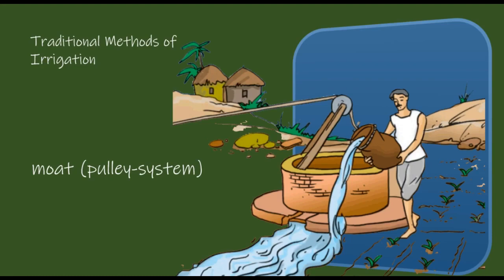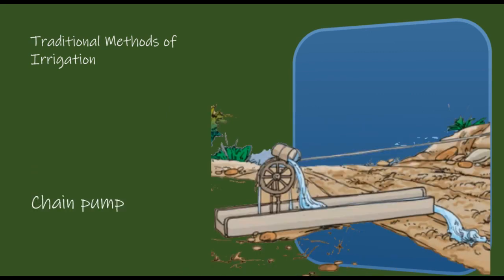Sometimes by using chains, which are wound on a huge wheel, so that when the wheel rotates, a bucket which is attached to the wheel could collect some water, and when it comes up to the surface of the ground, it can pour that water.